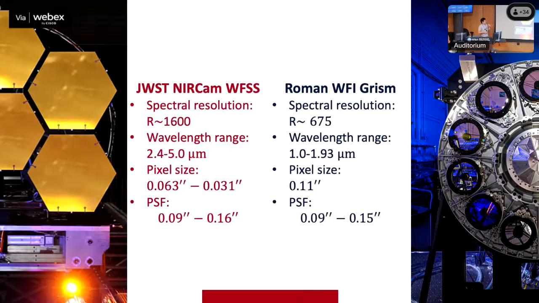JWST has roughly 3 times higher spectral resolution for the NIRCam prism than Roman, the wavelength coverage is much wider, and it has much more than twice better spatial resolution than Roman. PSF size is similar, so JWST data is an excellent test bed for kinematic lensing and prepares us for a much larger area Roman kinematic lensing survey application.